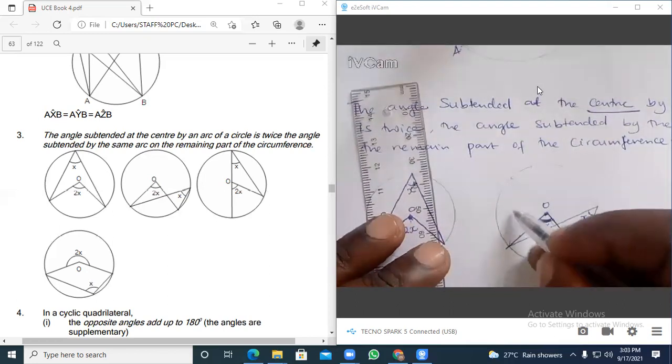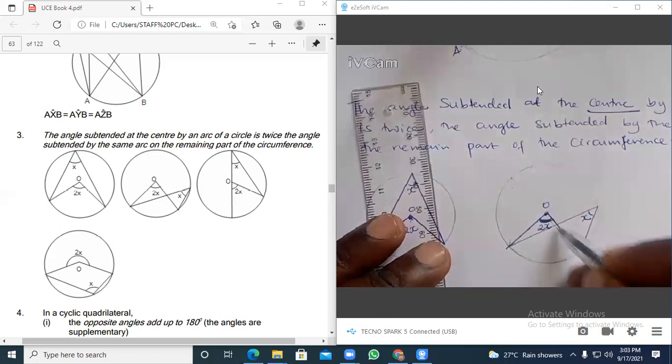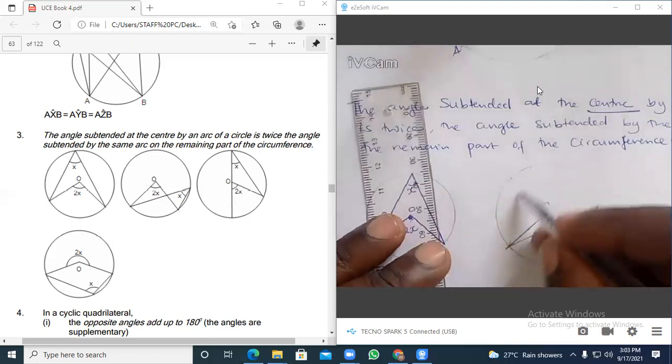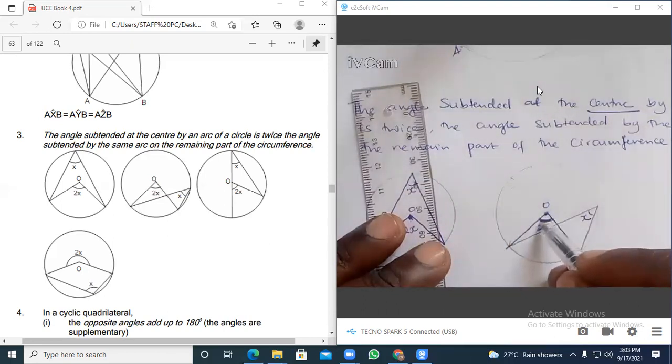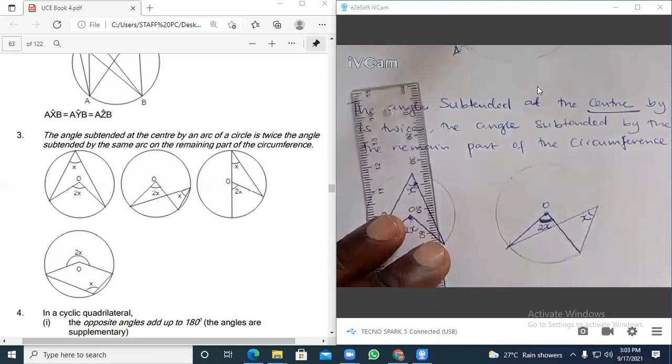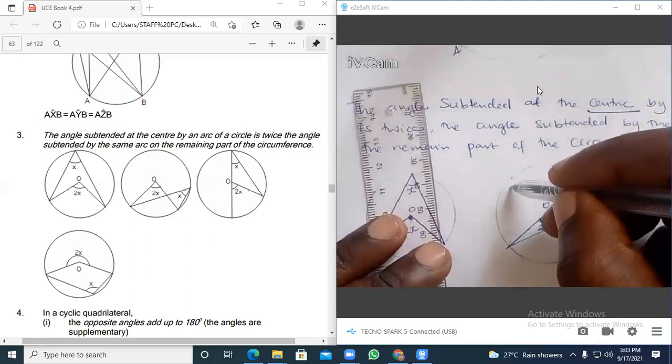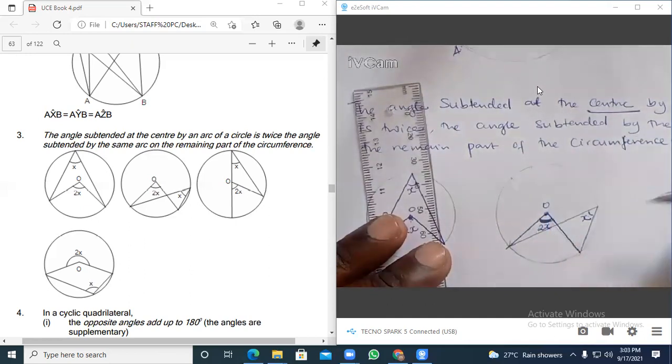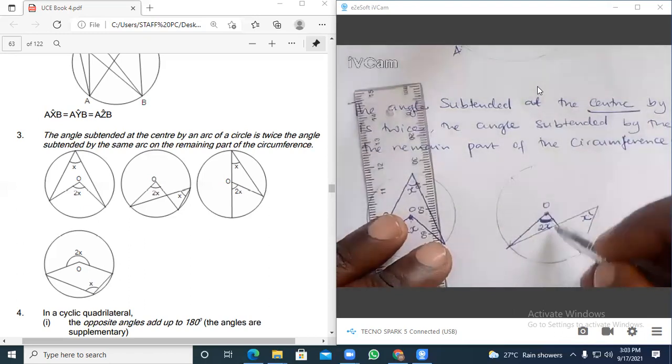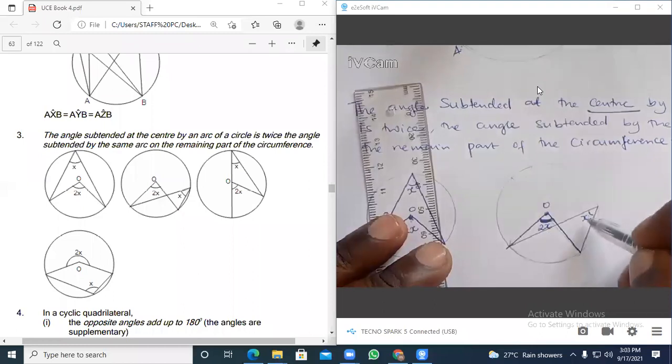Any angle that is outside this pizza-like shape is half the angle which is at the center. If you have this angle which is x here and another one which is y here, it means that y is equal to x in that case. And if y is equal to x, then the angle which is at the center is twice any of these angles which are here.